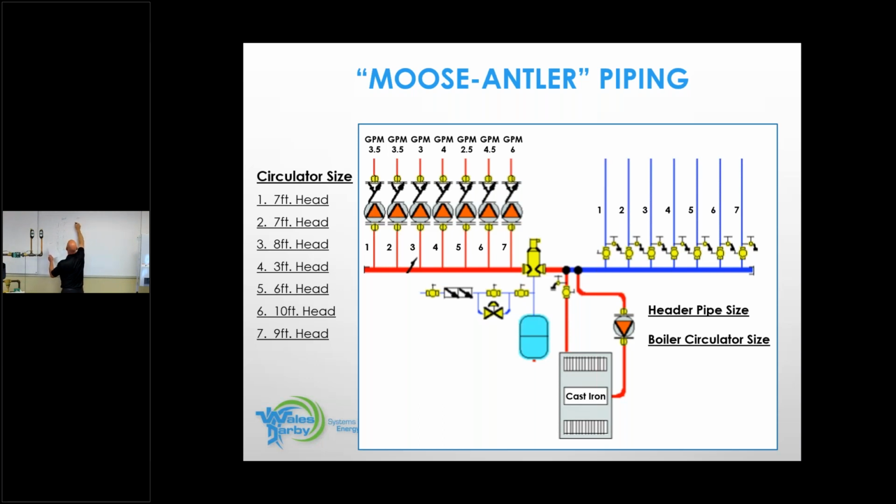Okay, this is 3.5, 3.5, 3, 4, 2.5, 4.5, and 6 GPM. Okay, and down here, GPM.